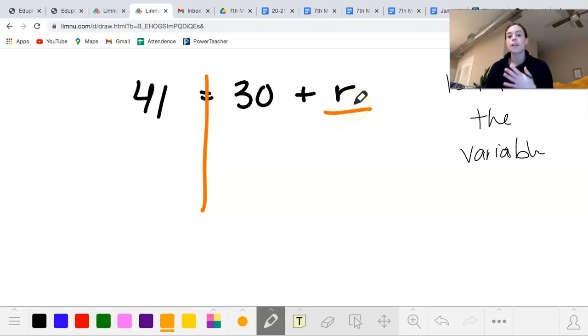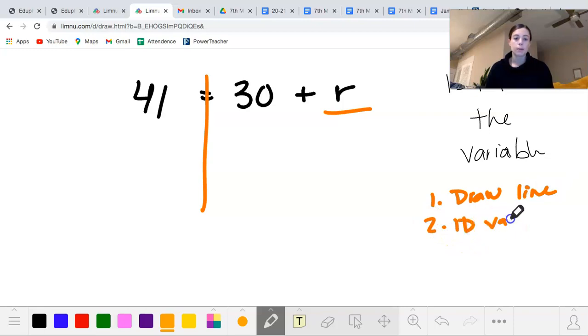Once I identify the variable, I want to think about what operation is happening on the same side of the equation as the variable. What's happening between the variable and the number on the same side?